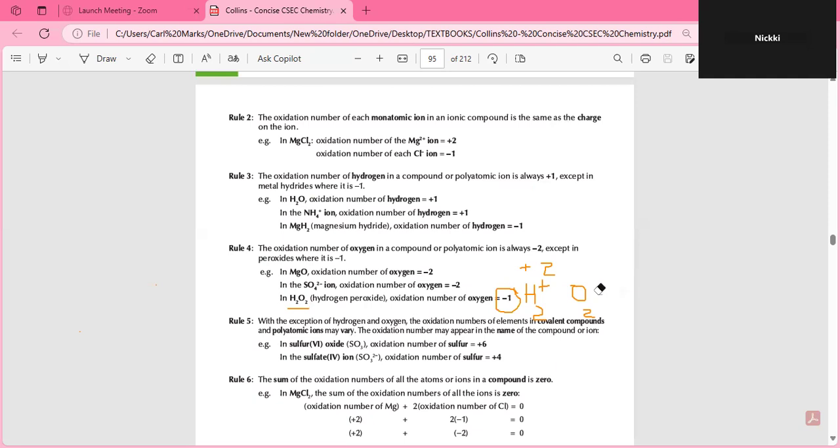So in order to get this right, this has to be a -1. And this is a +1. Hydrogen is a +1, right? Because it's two positives. So if we write the oxidation numbers, hydrogen will be a +1 and the oxygen will be a -1 for the oxidation states in hydrogen peroxide. So it's different for hydrogen peroxide, right?